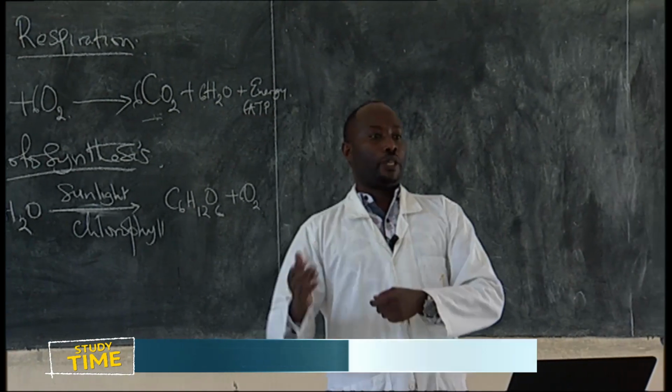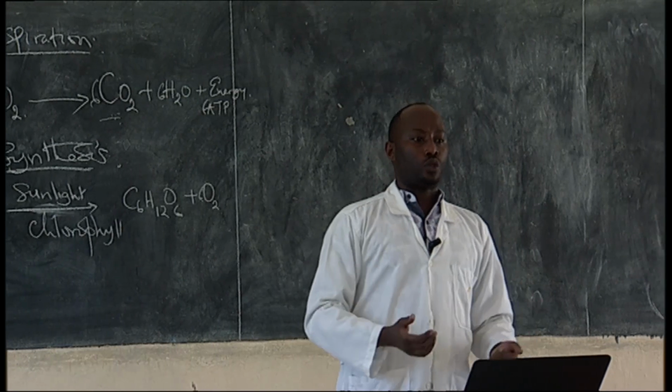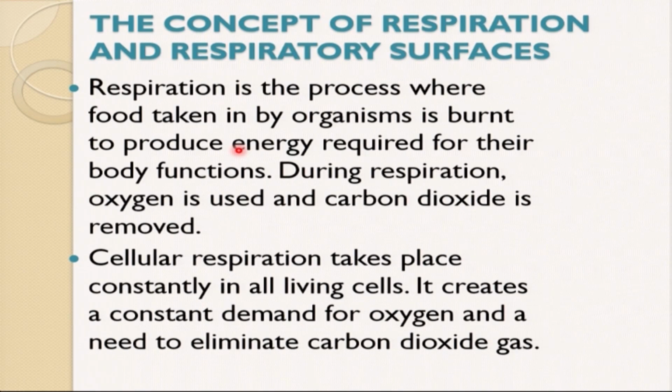When we talk about cellular respiration, where does it take place? What is cellular respiration? Cellular respiration takes place constantly in all living things, and it creates a constant demand for oxygen and the need to eliminate carbon dioxide gas.